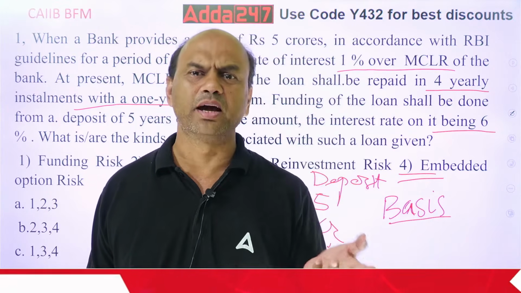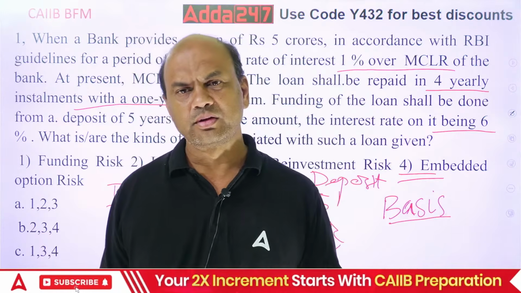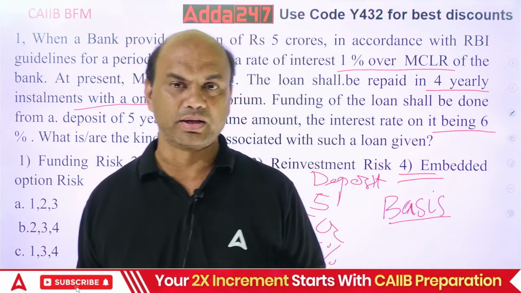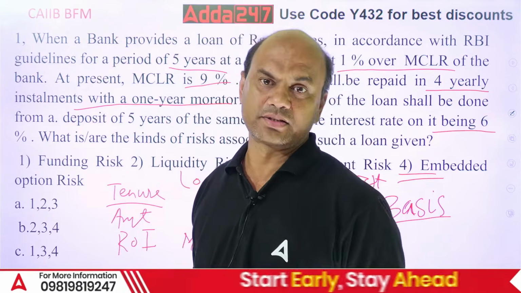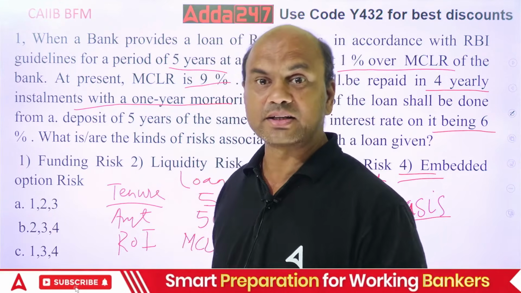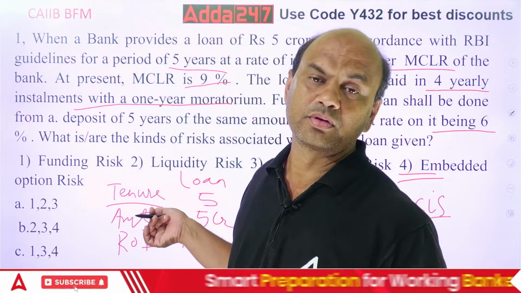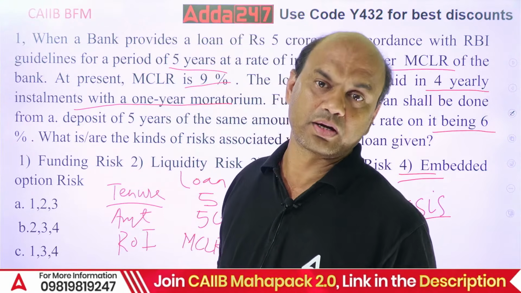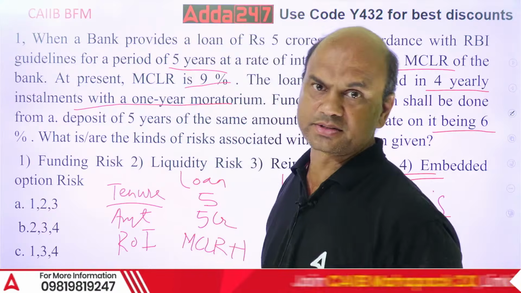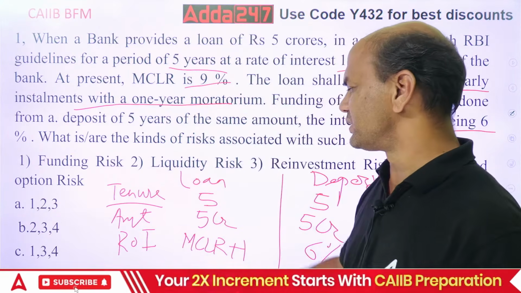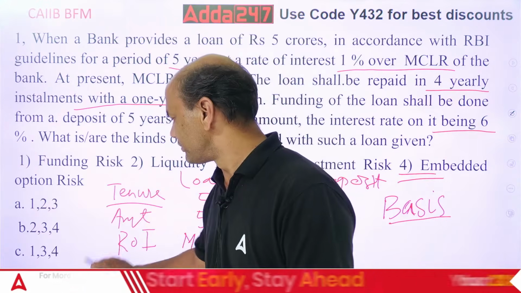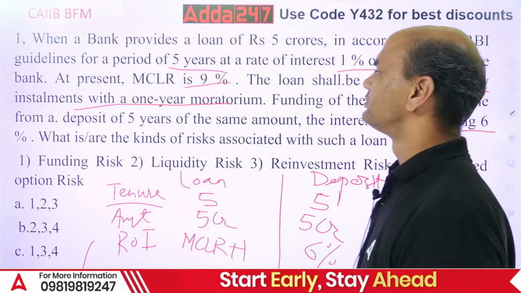Invest means I have to give a loan to somebody or purchase something. But that will always have a problem of rate of interest. Will I get it at the same rate of interest of the loan or at a lower rate of interest? That is known as reinvestment risk. So it will always be there. And embedded option is always there. So the answer is D. All of the above.